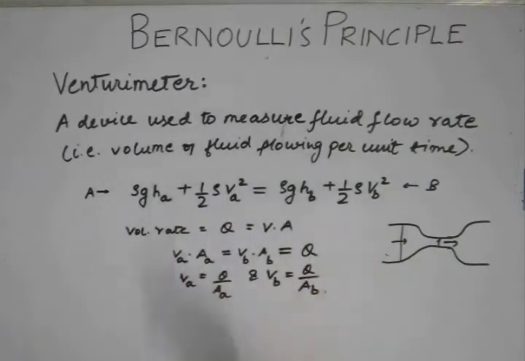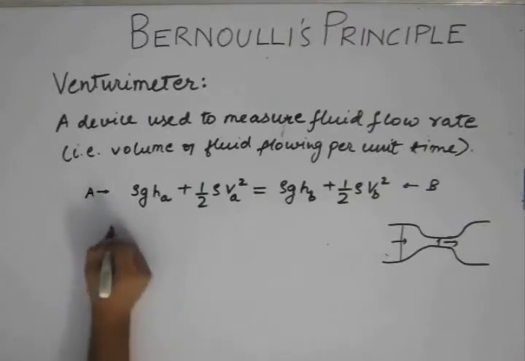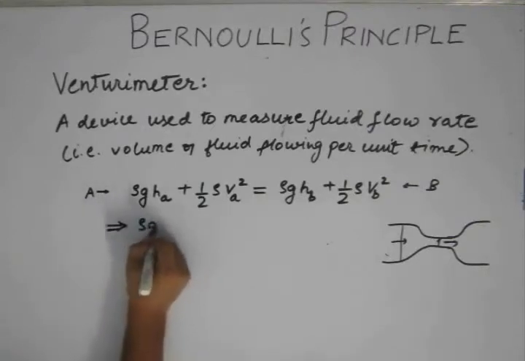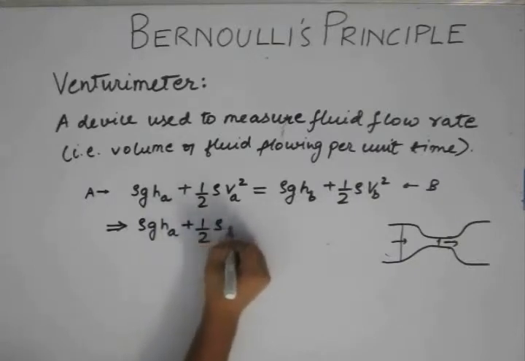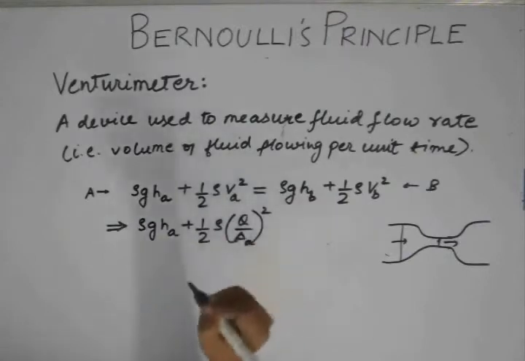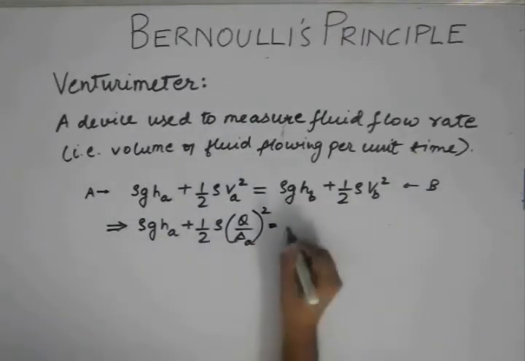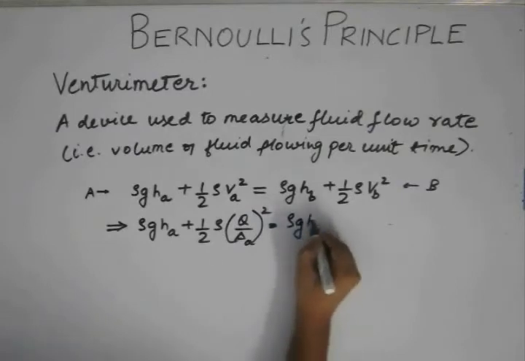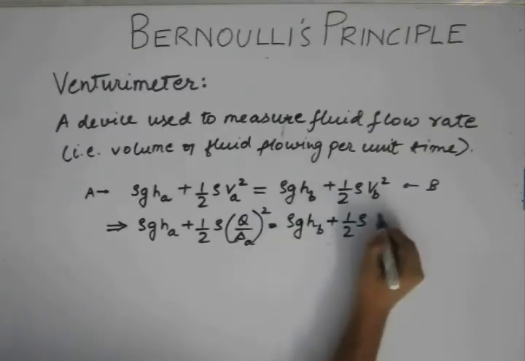Substituting these values here, what we get is rho g hA plus half rho (Q by AA) square equals rho g hB plus half rho (Q by AB) square.